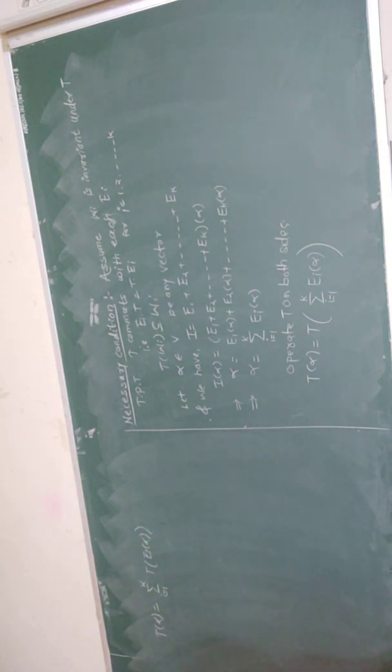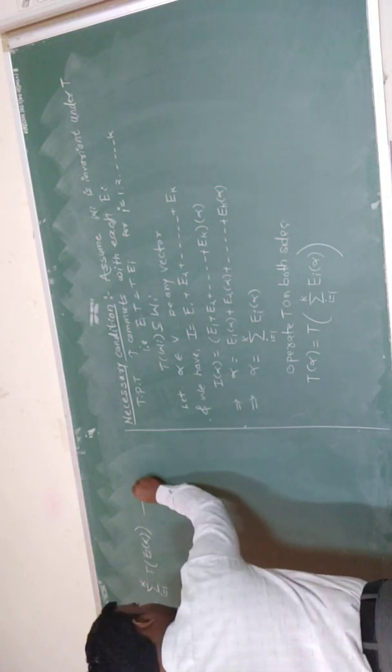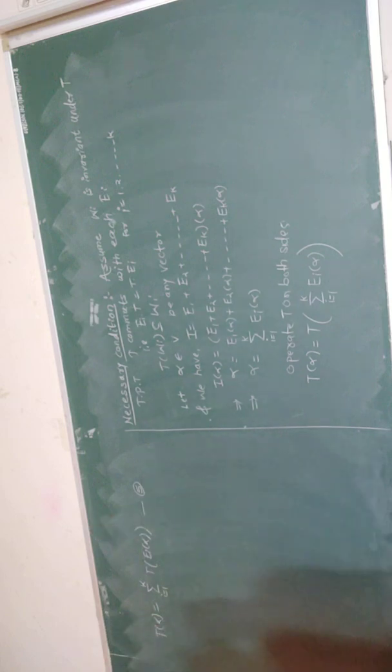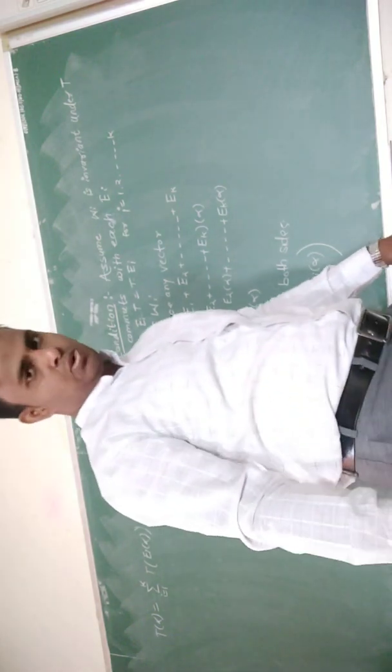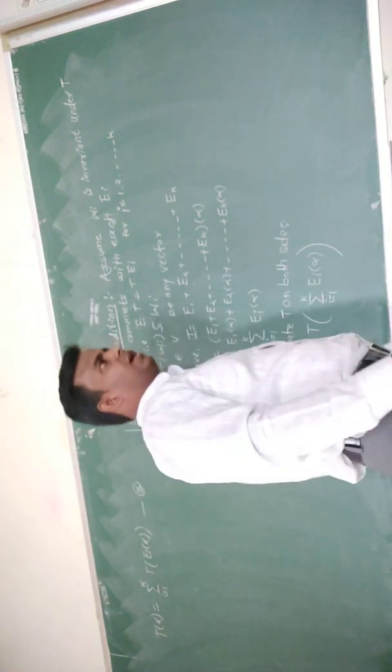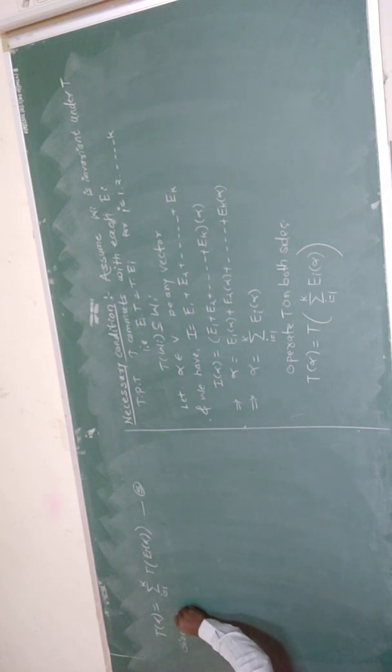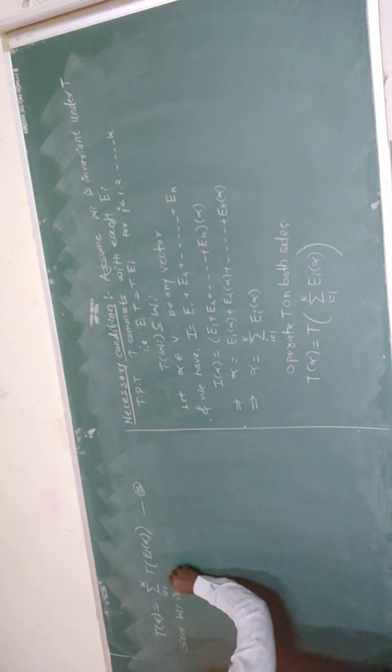Give it as equation number 5. Now E_i of alpha belongs to W_i, since W_i is the range of E_i.